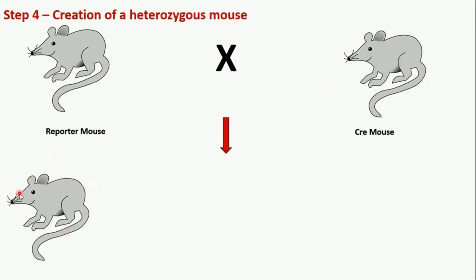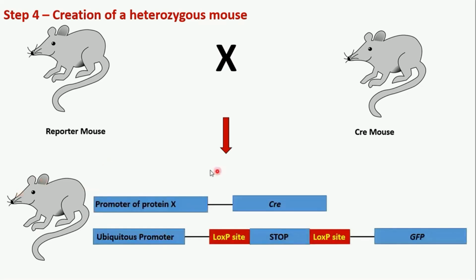This heterozygous mouse will have both sequences: the ubiquitous promoter, the stop sequence flanked by LoxP, and the GFP sequence. Then the promoter of protein X, or the promoter of our target protein, fused with the Cre coding sequence. These two sequences are present in each cell of our heterozygous mouse.